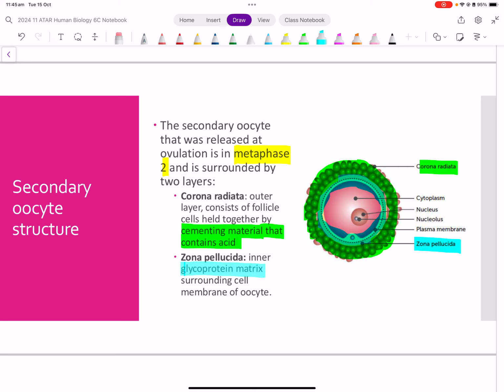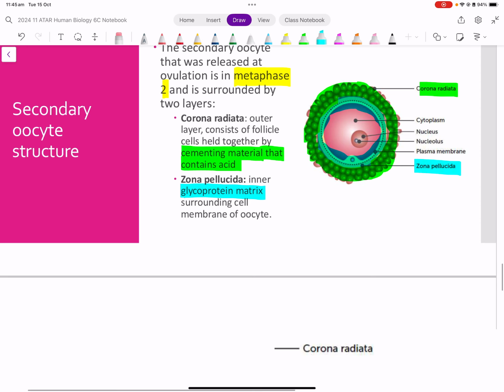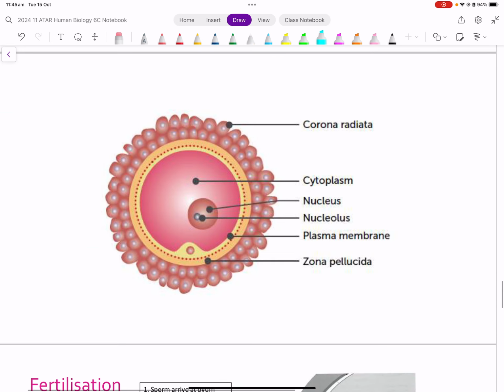And that is that inner membrane, it is known as a glycoprotein matrix, so like a sugary protein matrix, and that surrounds that cell membrane of the oocyte. Now, when we talk about these two structures, they're really important to not only protect the oocyte, but now the sperm have to break in past these layers in order to fertilize this egg.